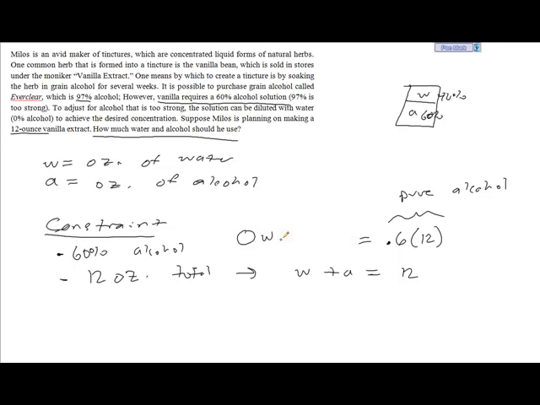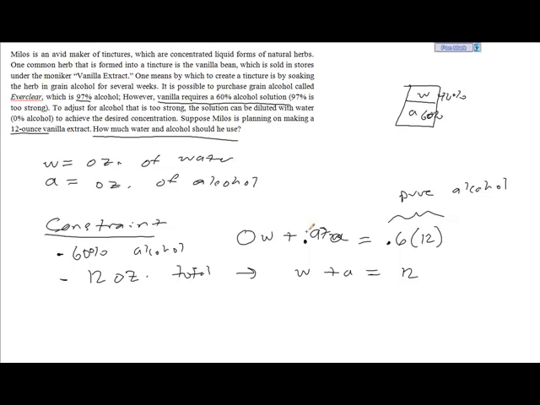So 0% in the water plus the alcohol contributed by the Everclear, which is 97%. So if you take 0% times the amount of water plus 97% times the amount of alcohol, then you should get 60% of the total mixture.